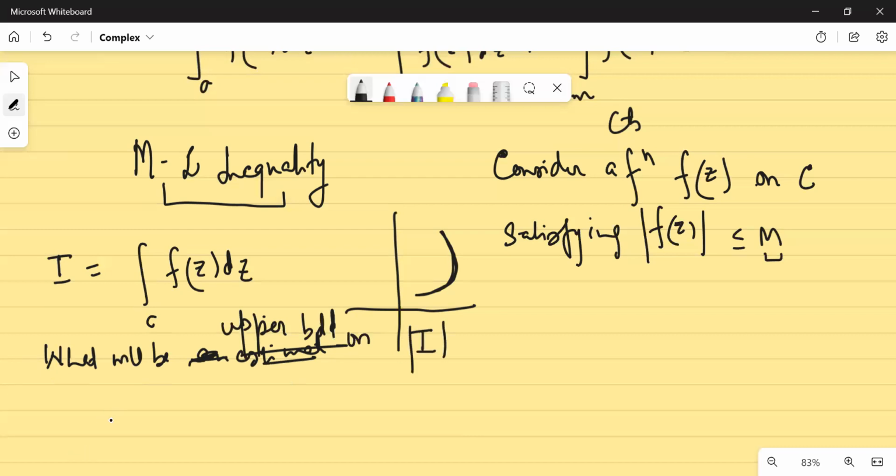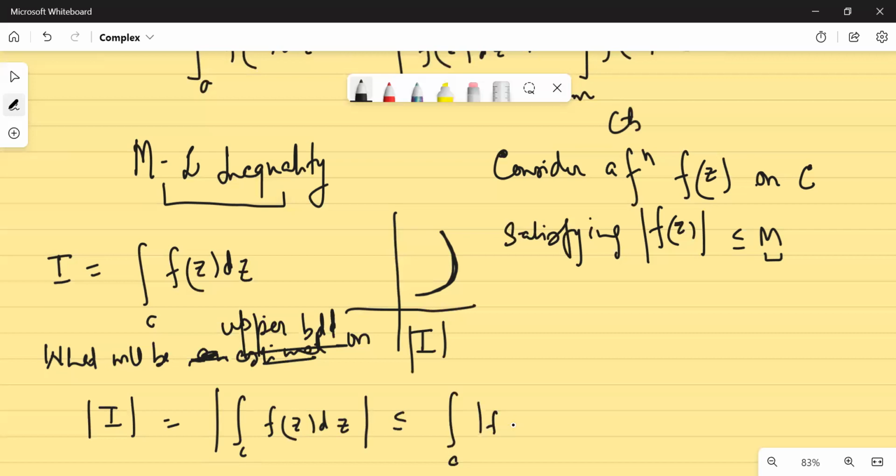So what would I do? I would simply take |I|. |I| is the modulus of the integral over C of f(z) dz. Yes or no? And you just remember there is a property in integrals. I'll use that right away, but I'll not make you derive it.